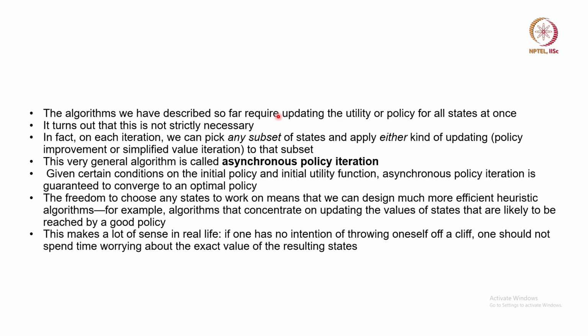Okay, one of them, either value iteration or policy improvement, you can do just to a subset. Okay. So this type of algorithm is known as the asynchronous policy iteration. There are many places where you can show that the asynchronous policy iteration is guaranteed to converge to an optimal policy.